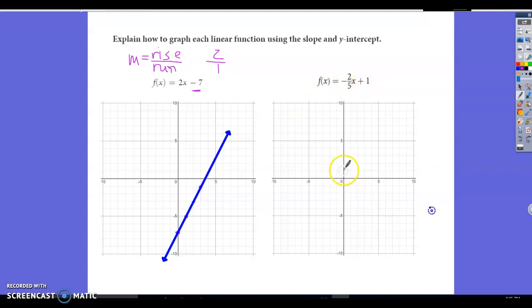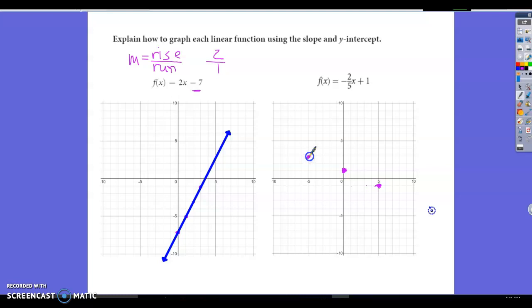So if we put a point at the y-intercept, and then we use the slope to go down 2, and run 5. You also could go +2 and then -5.